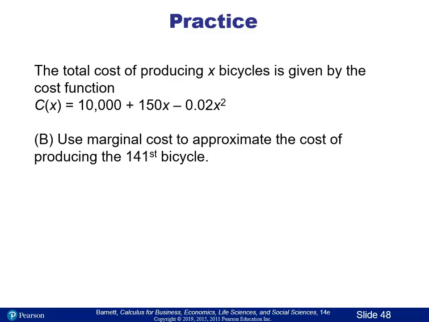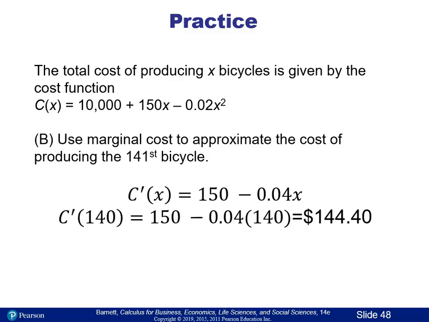Now use the marginal cost to approximate the cost. We know marginal cost is an approximation for producing that. So we need to find the marginal cost, which is the derivative of cost, and then plug in the 140th, and that will give us an estimate of what it's going to cost to produce the next one, which is the 141st.